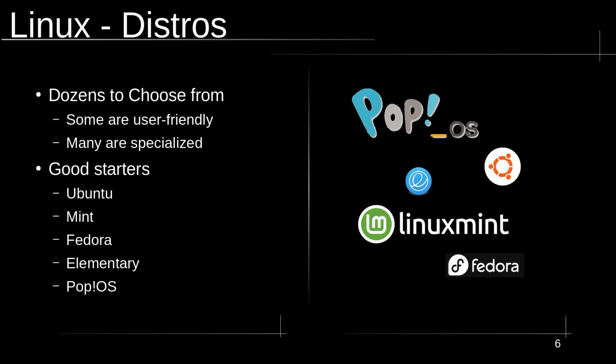And there are a really good set of starter user-friendly ones to kick around if you're interested in having a native Linux environment, right? And so I've listed a few of these here. I've actually got a bunch of them running here on my desktop, so we can kick some of them around if you want. Obviously, Ubuntu, most people have heard of.